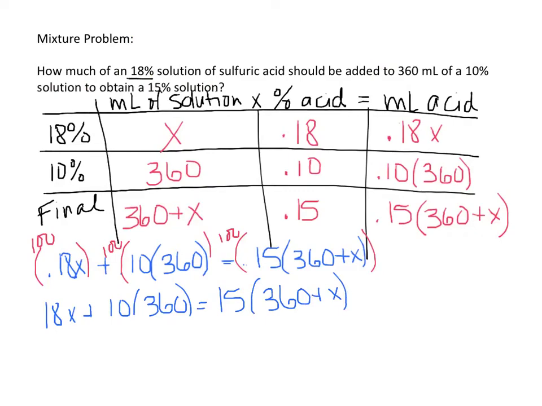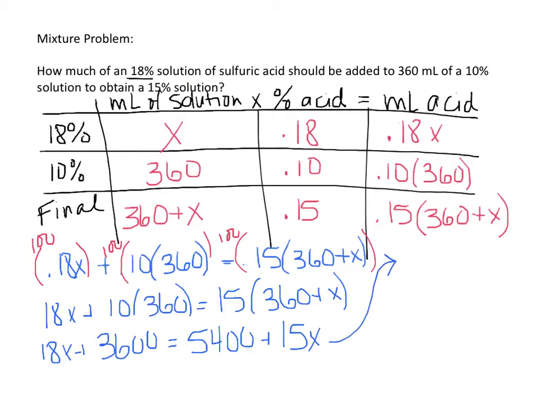And from here we simplify. I'll come up here. 3x is equal to 1800.